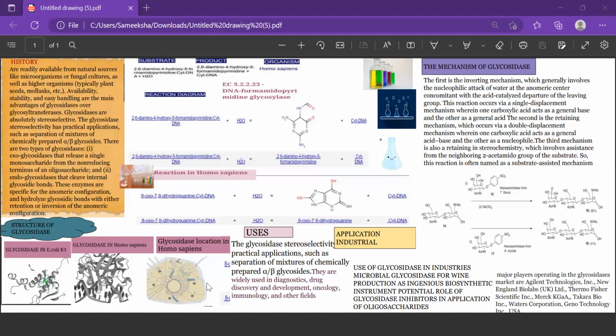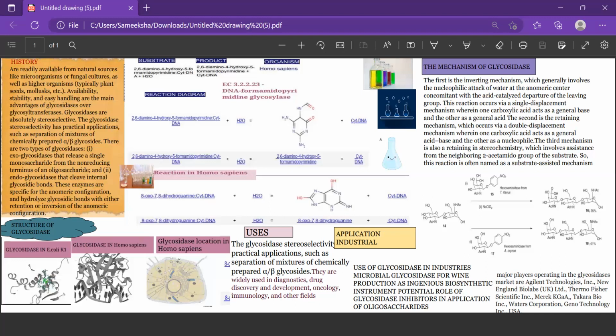Moving ahead to the reaction, the substrate is 2,6-diamino-4-hydroxy-5-formamidopyrimidine, which gives a product called 2,6-diamino-4-hydroxy-5-formamidopyrimidine plus cytochrome DNA, with the addition of water. This we can see in Homo sapiens only.